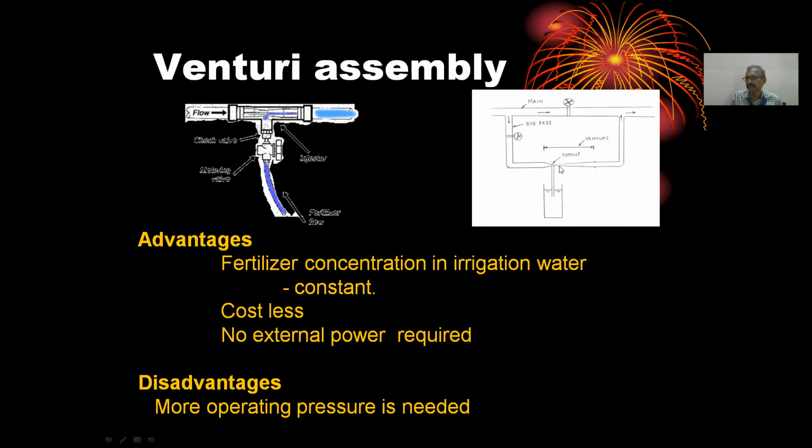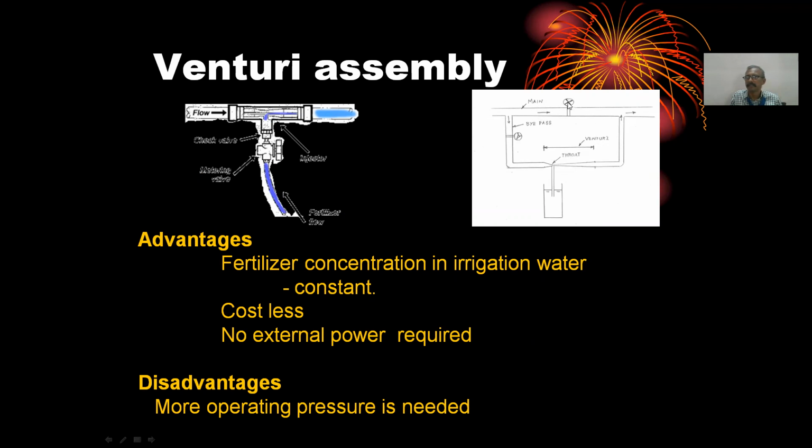If you do expansion at a smaller distance, there will be a lot of turbulence and it will not function well. So you will find the expansion section in a Venturi to be longer.